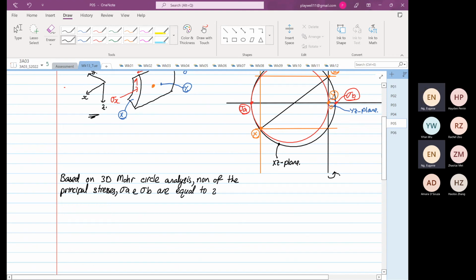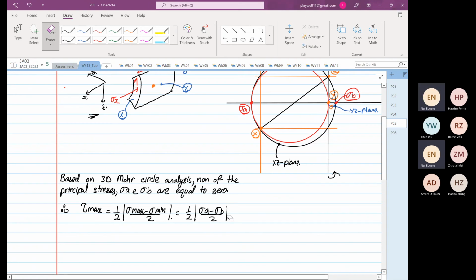Therefore, the formula we must apply is tau max is equal to half of stress max minus stress min, divided by 2. Or it can be stress A minus stress B divided by 2.